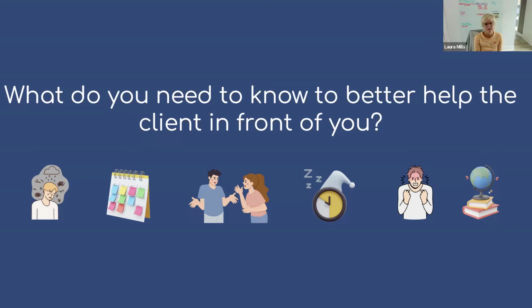Is it their anxiety and depression? Is it their executive functioning, their ability to get to their appointments on time? Do you need to know today about how the family is functioning in the recent history? Do you need to know about sleep? Do you need to know their level of emotion extremes?